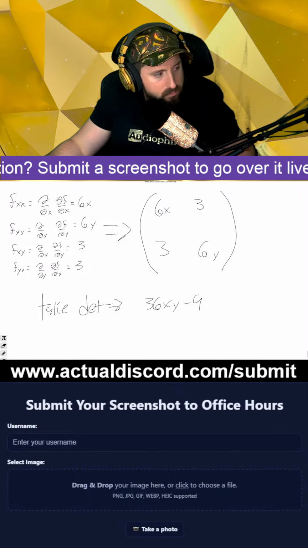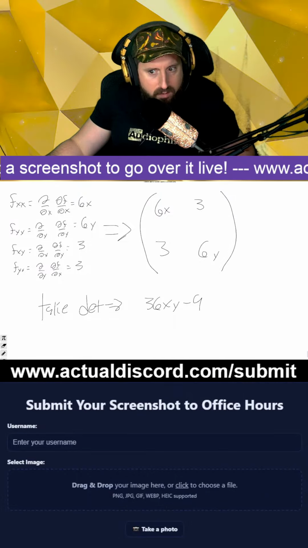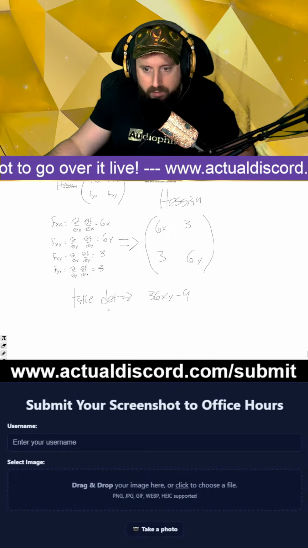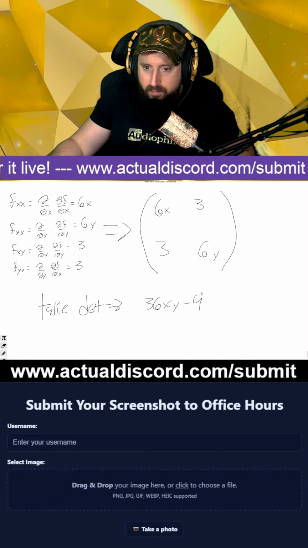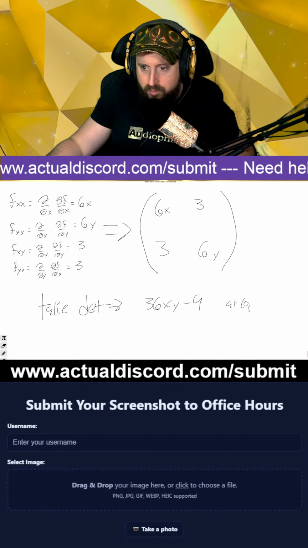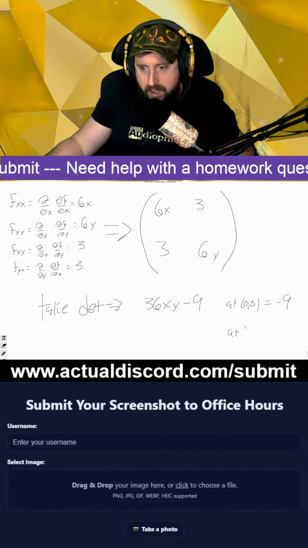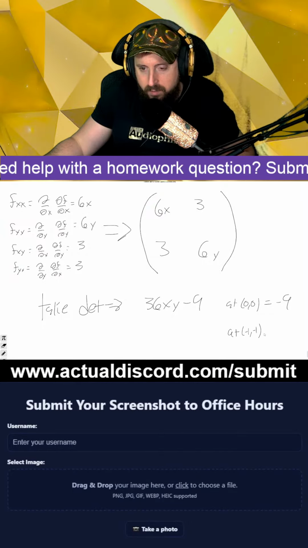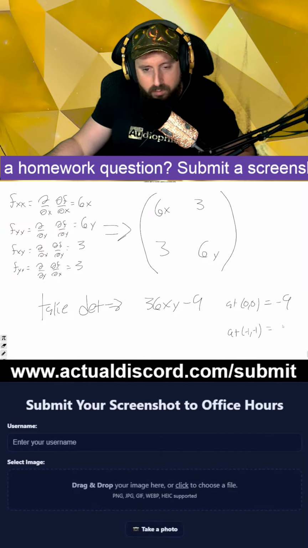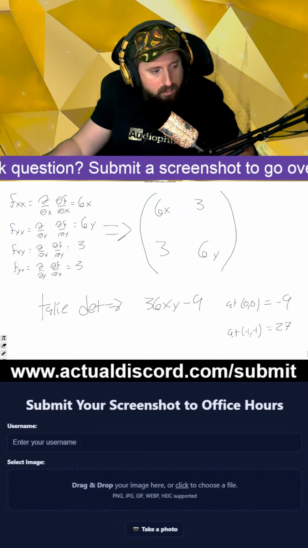Then we have to determine what the values are there. So at 0, 0, this is equal to -9. And at -1, -1, this is equal to 27.